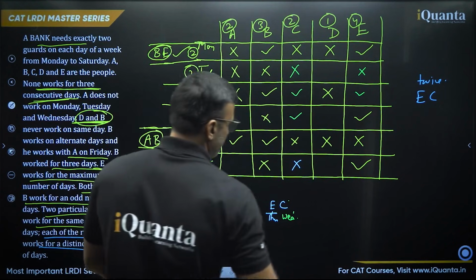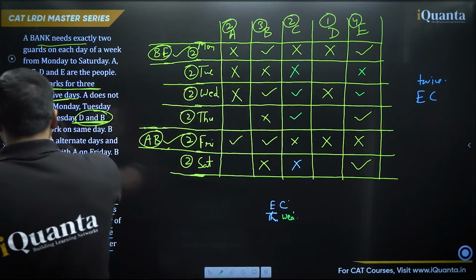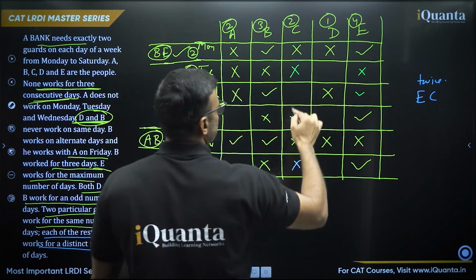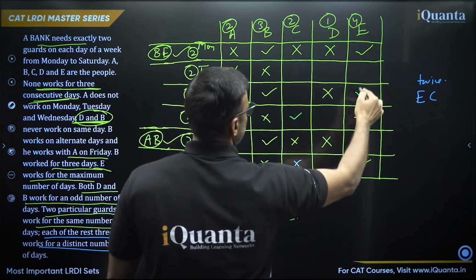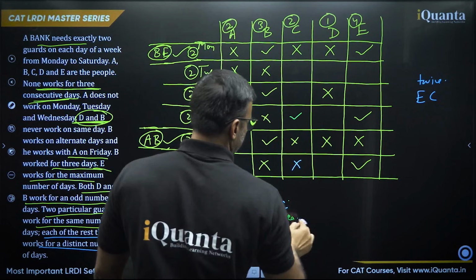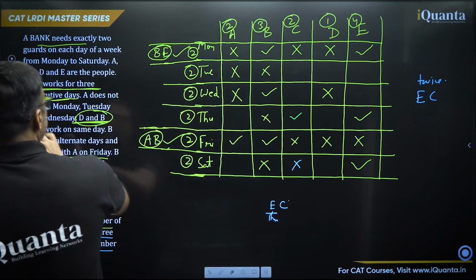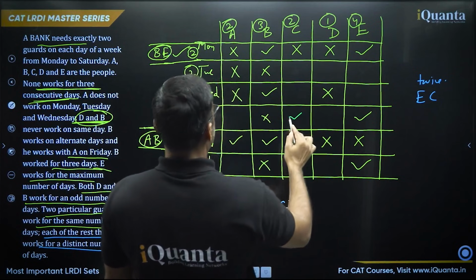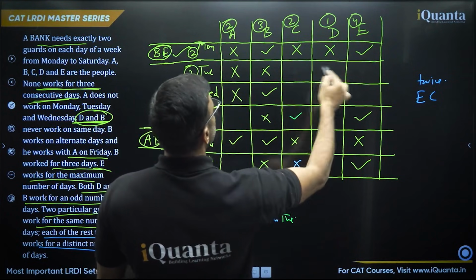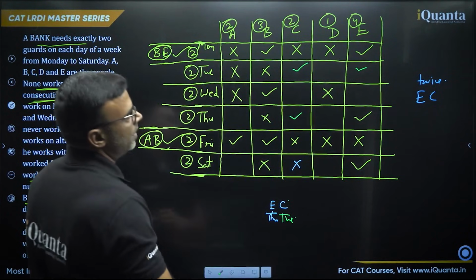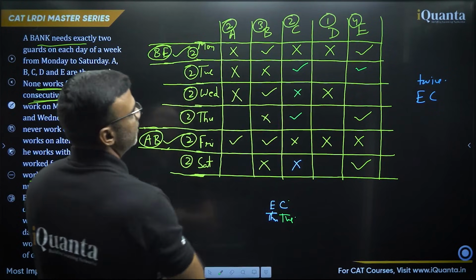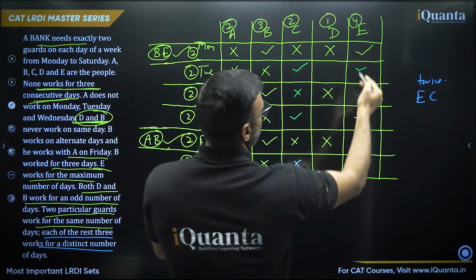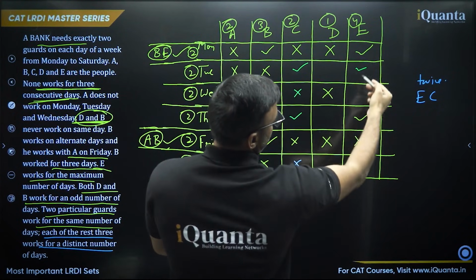So what should I do? Thursday, Tuesday, that's the next possibility. So if I take them Thursday, Tuesday, now what? C cannot work on Wednesday. E cannot work on Wednesday because otherwise 3 consecutive days will happen.